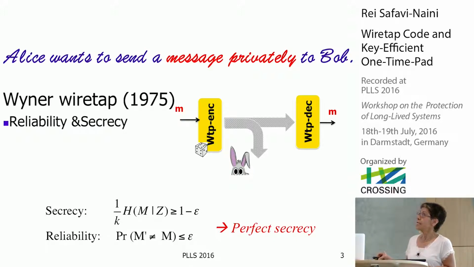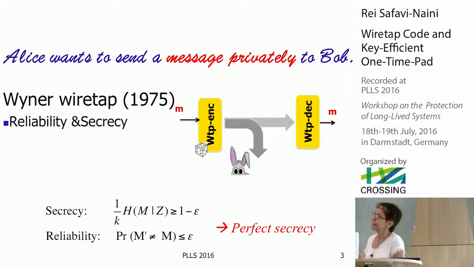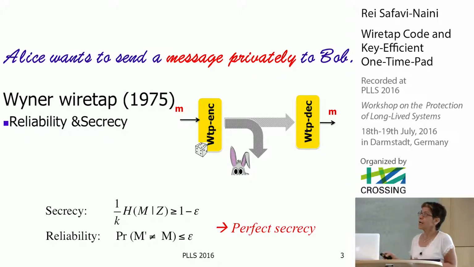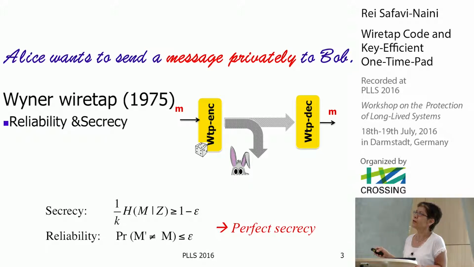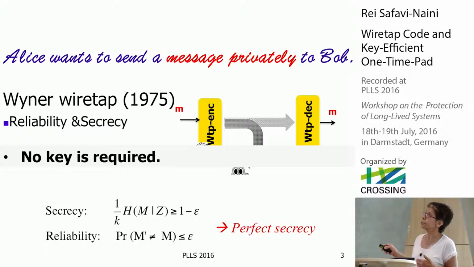And, very interestingly and cleverly, he proved that if the eavesdropper's channel is noisier than the channel from Alice to Bob, then you can have perfect secrecy. This is again a very ingenious solution. We are not really using any secret key. One of the first things to notice is that in this solution there is no shared key.